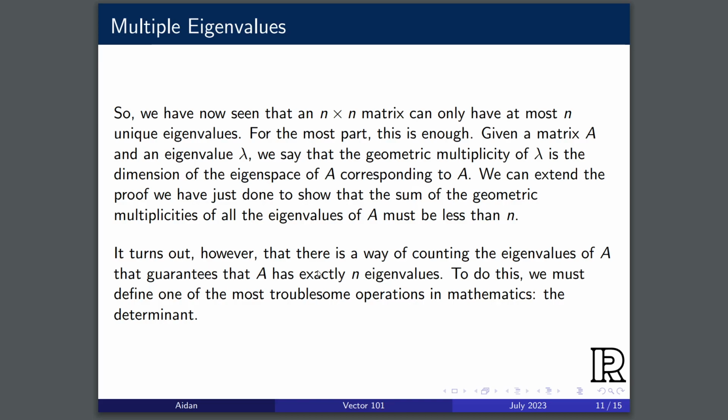Well, unfortunately, and I thought long and hard about this, we have to talk about the determinant of a matrix. And so we're going to spend the rest of this lecture and a decent amount of next lecture talking about the determinant of a matrix.